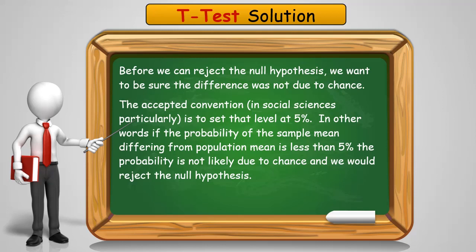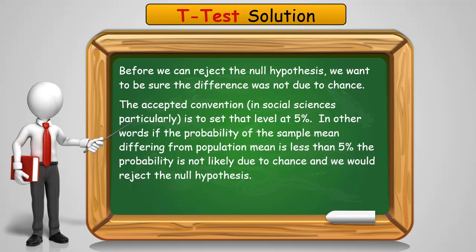Now, before we can reject the null hypothesis, we need to make sure that the difference was not due to chance. And the accepted convention is to set that level at 5%. In other words, if the probability of the sample's mean differing from the population mean is less than 5%, the difference is not likely due to chance, and we would reject that null hypothesis.